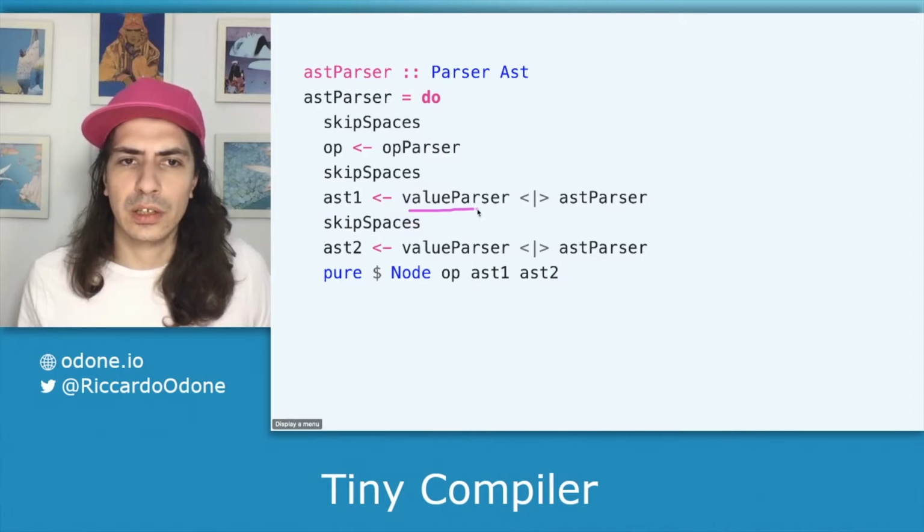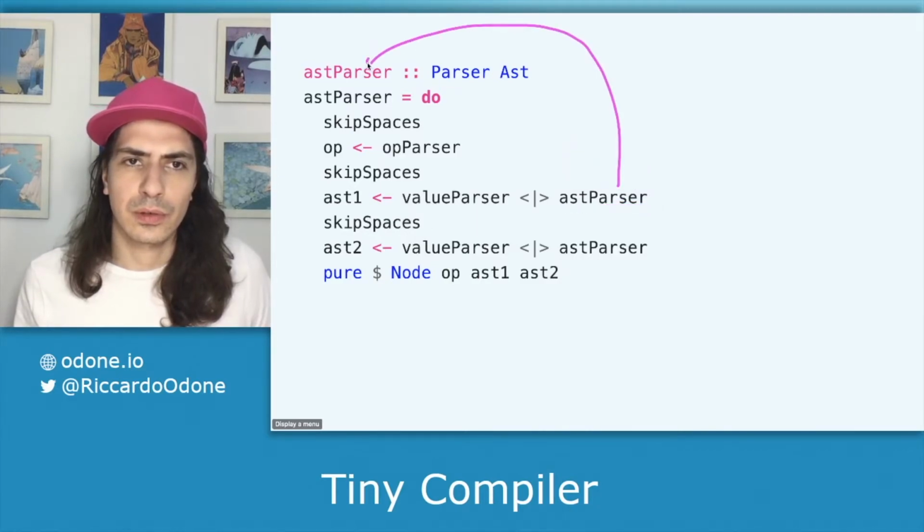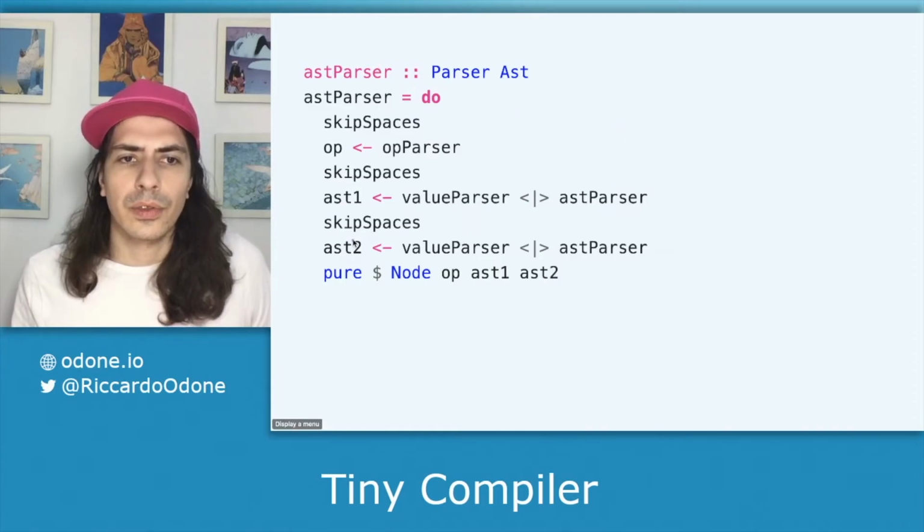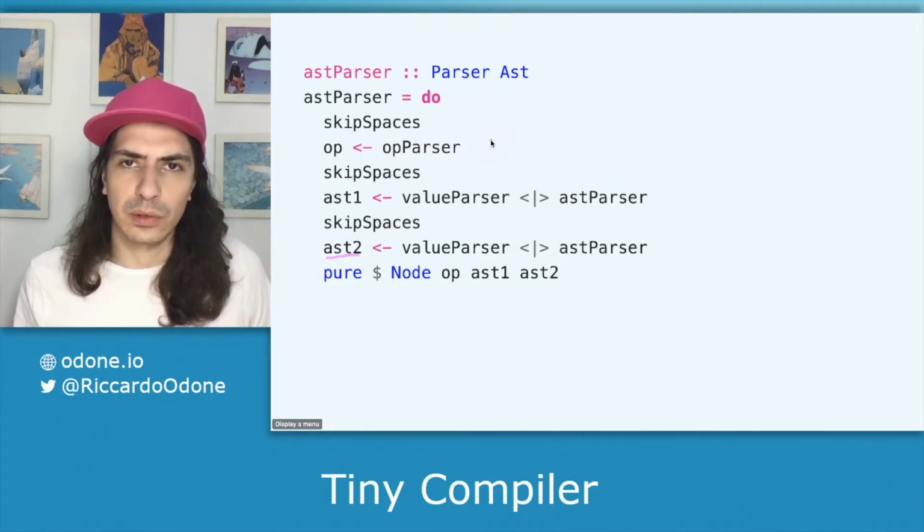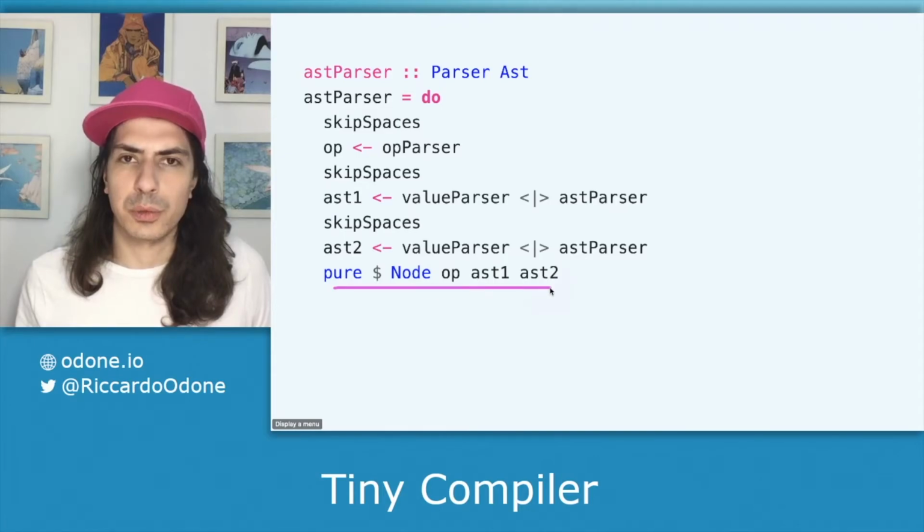So we try to parse a value. If that fails, we try to parse an AST. And this is recursive, of course. Then we skip spaces again, and we do the same for the second value on the string, and then we return whatever was parsed, which is, of course, an AST.